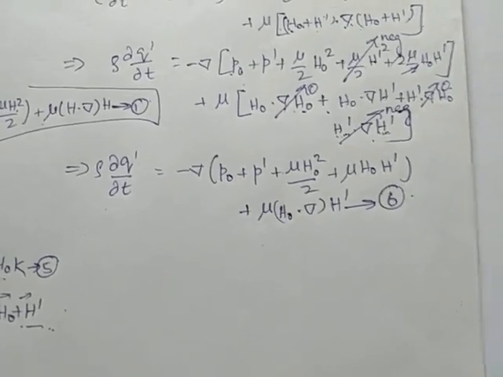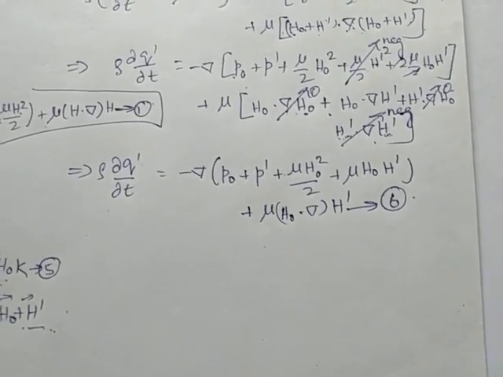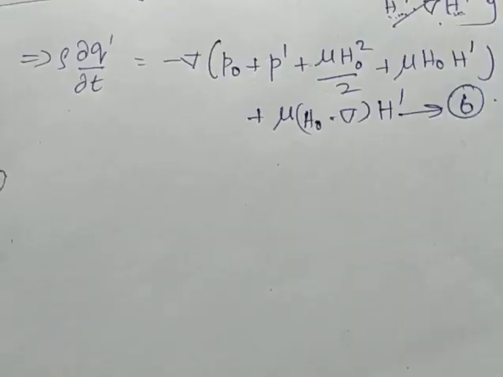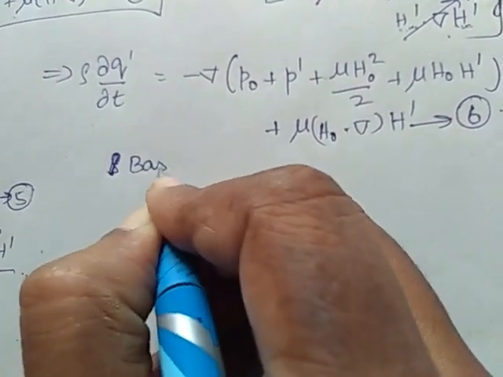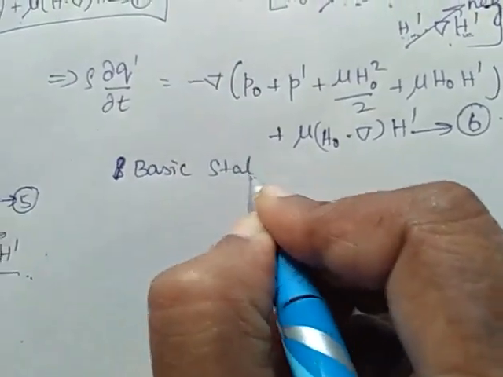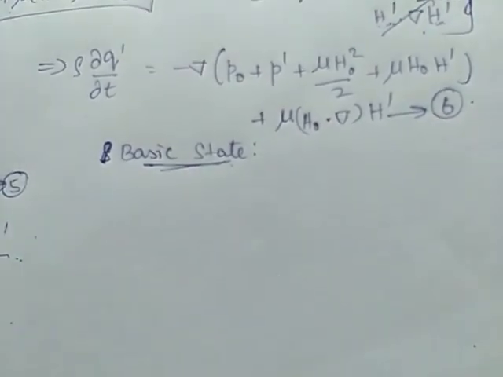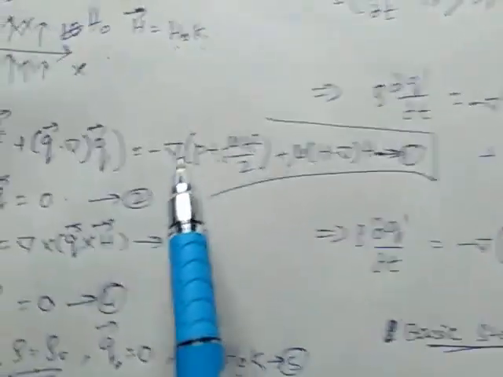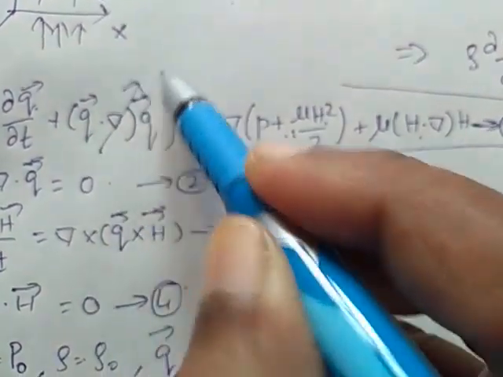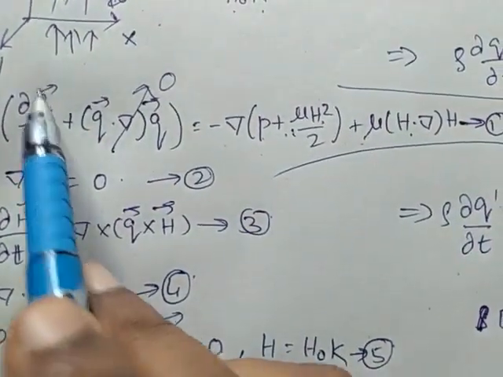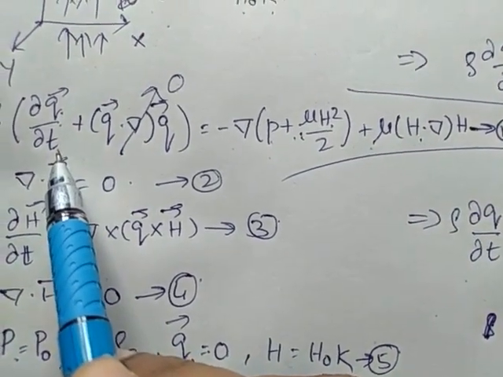Now, when we consider the basic state, it means the fluid is at rest. Our equation 1 becomes, actually q dot del becomes 0. Our dou q by dou t is also 0 because velocity is 0.